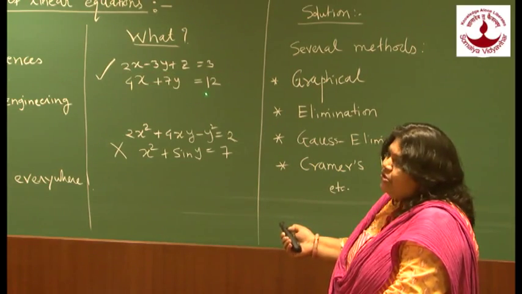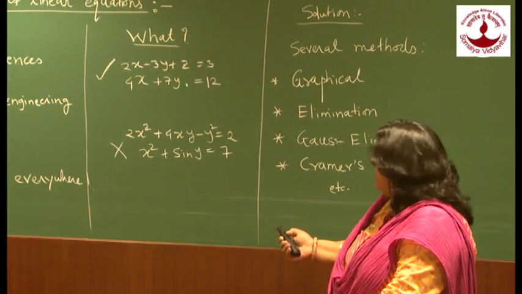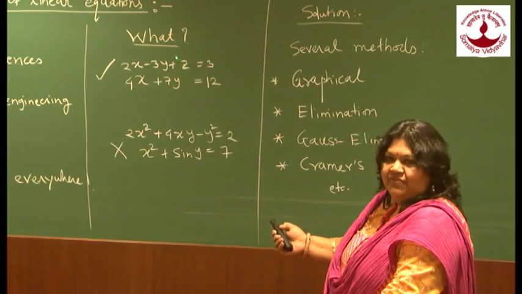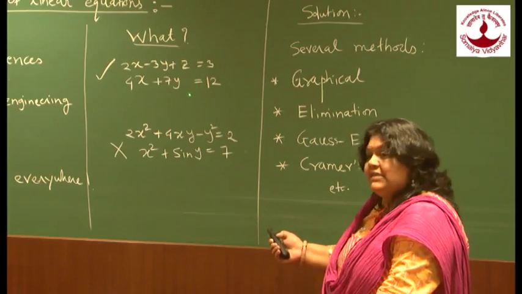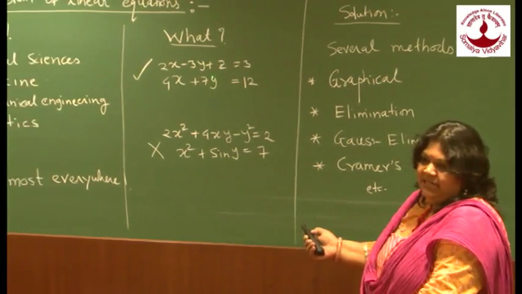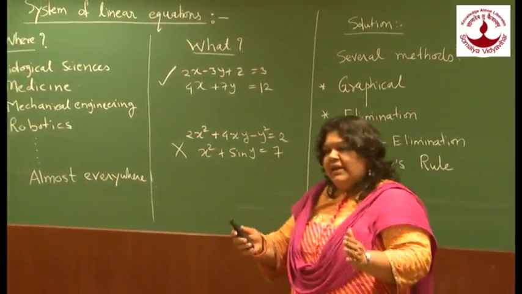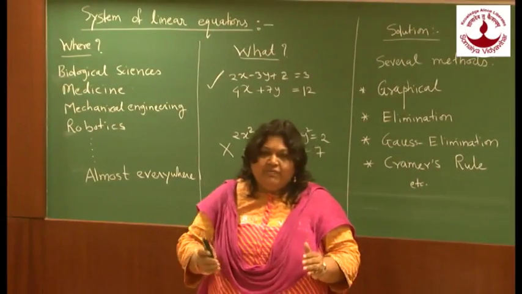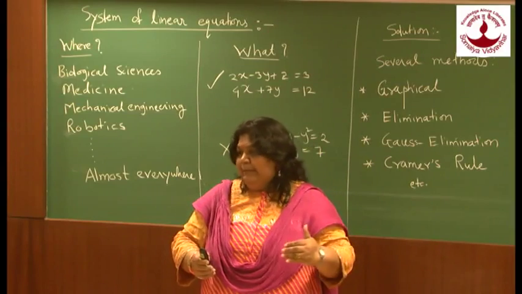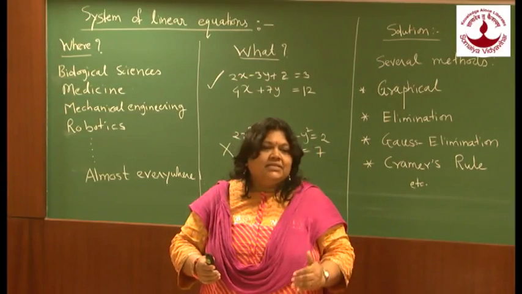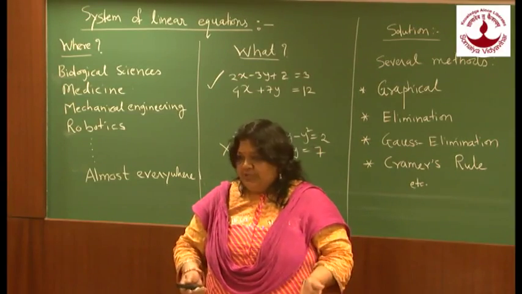I want those values of x, y, z such that the first equation is satisfied, and by the same set of values the second equation should also be satisfied. So a common set of values of the variables which satisfies each and every equation in the system is called a solution.